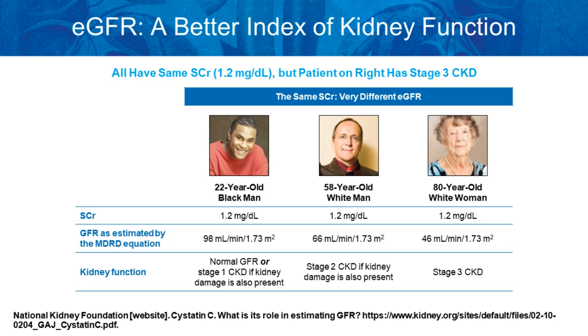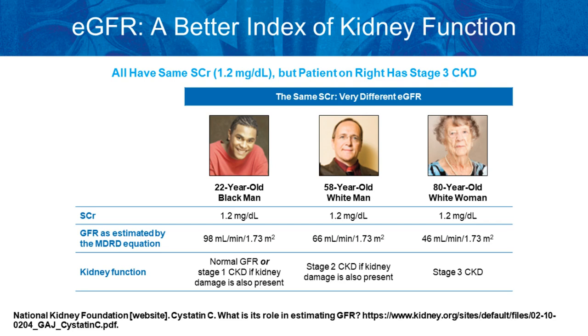And the reason this is important, as this example shows us, is that a serum creatinine of 1.2, for example, can mean many different things in terms of GFR, depending on who the patient is. For a young, healthy African-American male, a creatinine of 1.2 correlates to an eGFR of 98. He's doing well.